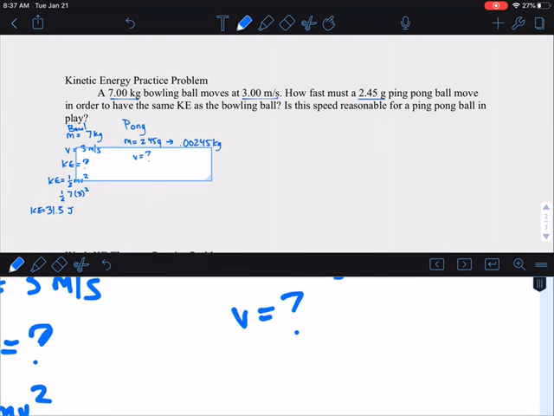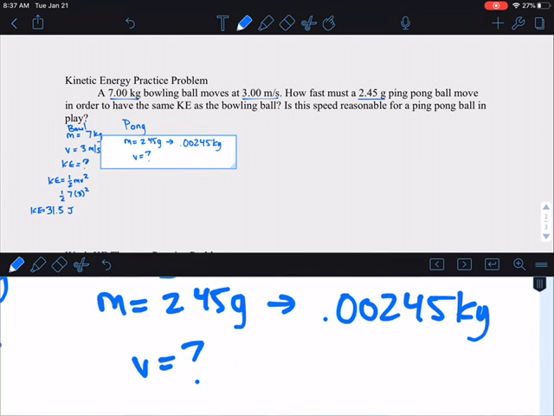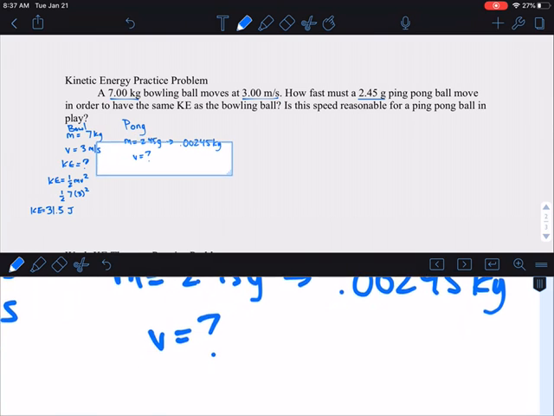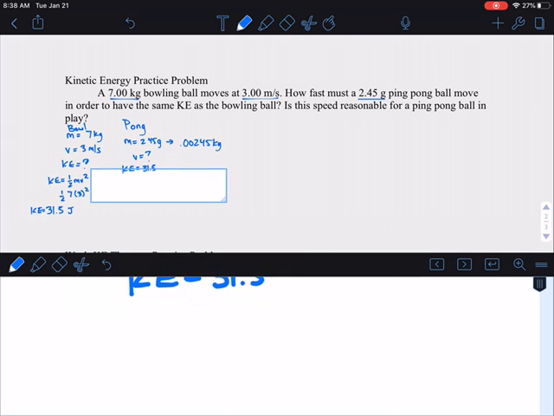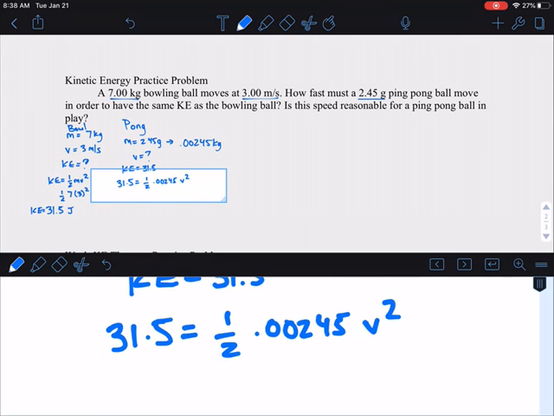Now the question asks, how fast must this ping pong ball move in order to have the same kinetic energy? We want the kinetic energy to equal 31.5, and we need to know how fast the ping pong ball needs to move. So 31.5 equals 1/2 of 0.00245 times v squared.